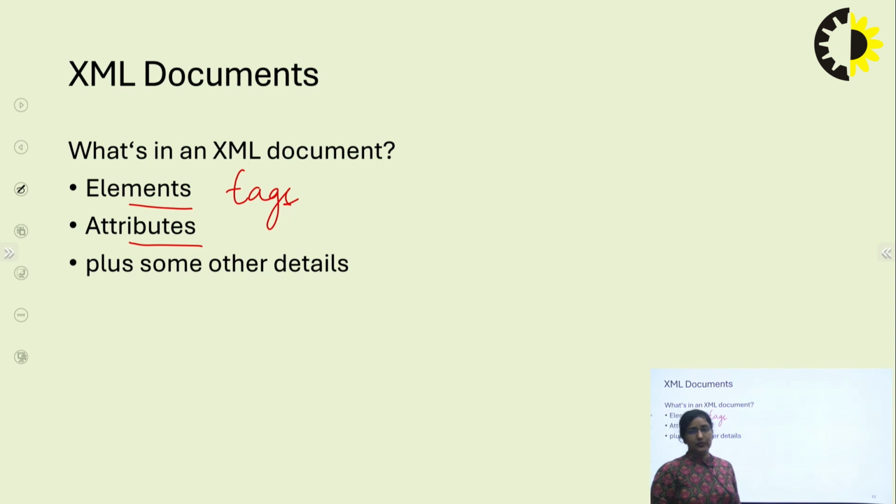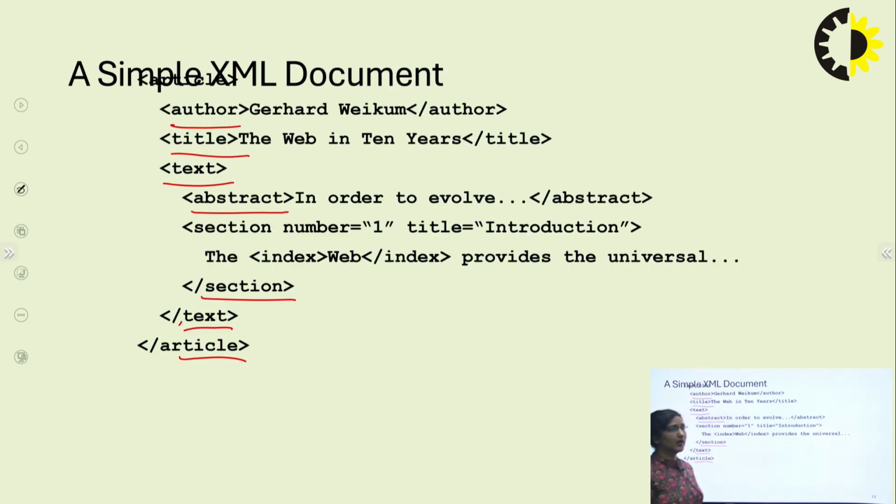What are the attributes? Attributes are the values which are used to give or to simplify the property of the elements. To enhance the property of the elements, attributes are used. In this, like if I say over here, section, it is an element. Number.